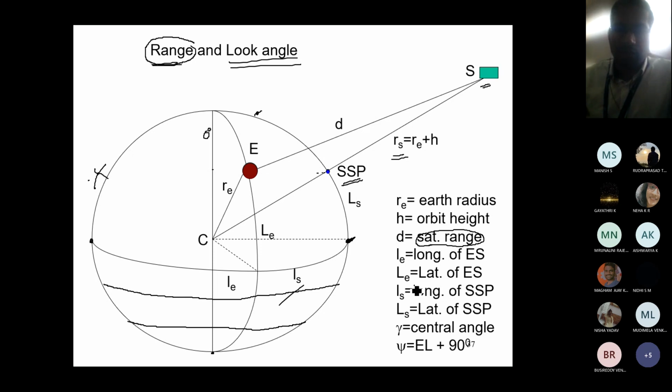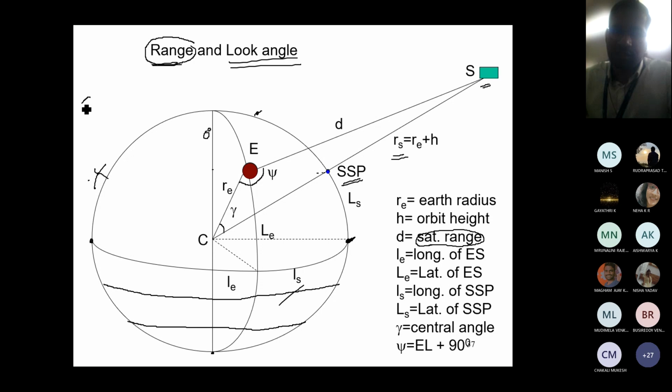Now, in addition to those symbols, we have taken some angles. One angle is called gamma. Another angle is called psi. Psi is this angle. Previously I also told you about this angle psi.